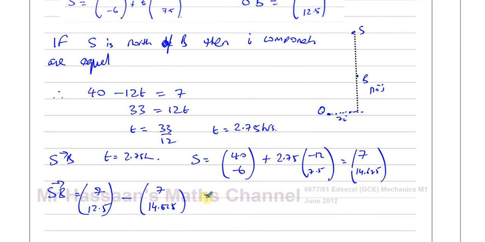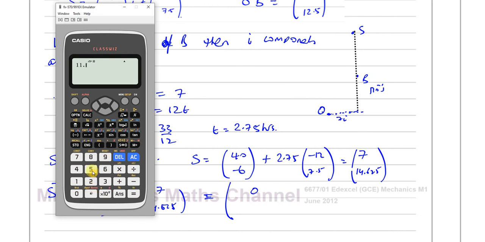If you find that vector, the I component is 0. To get from S to B, you go 0, and then 12.5 minus 14.625, which gives us minus 2.125.